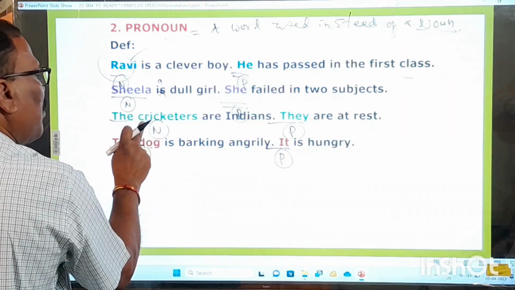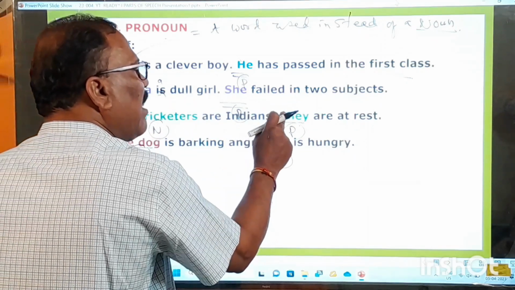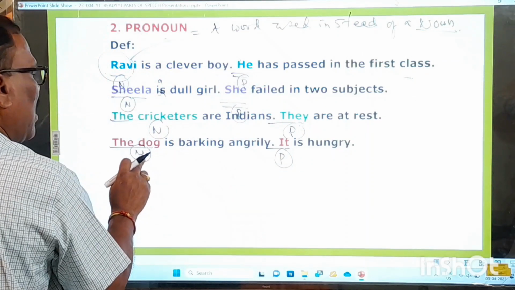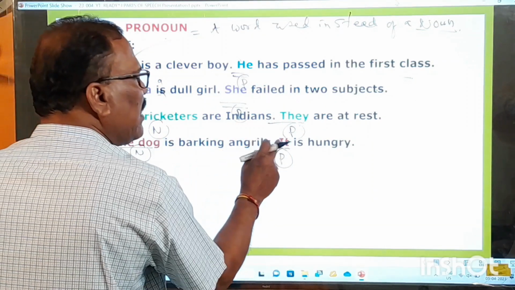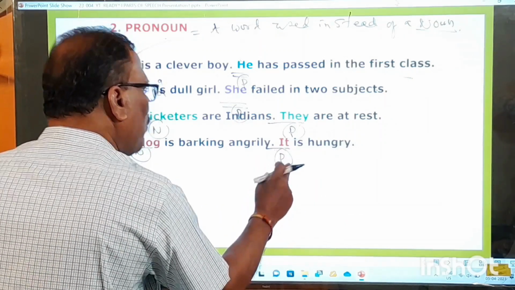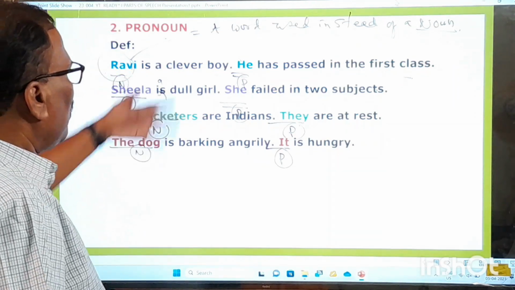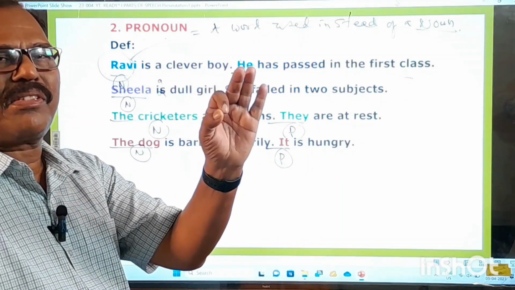And in the third example, instead of cricketers, that is a noun, we have used they in the second sentence. They is a pronoun. In the fourth example, instead of the dog, that is a noun, we have used it in the second sentence, and it is a pronoun because it is used instead of this dog. So in this way, instead of these nouns, these words are used. So they are all pronouns.